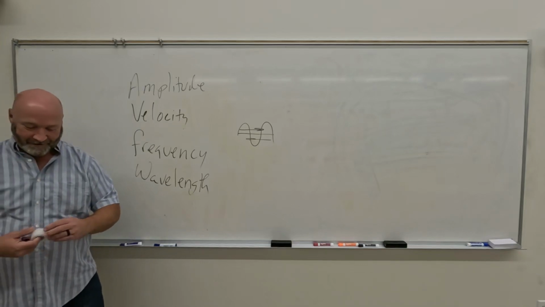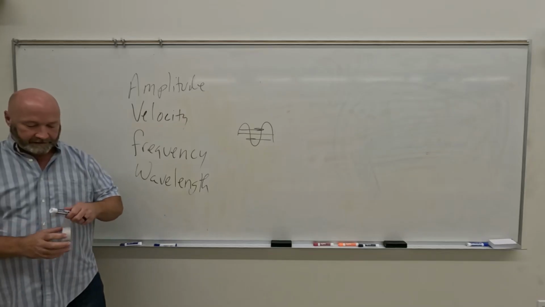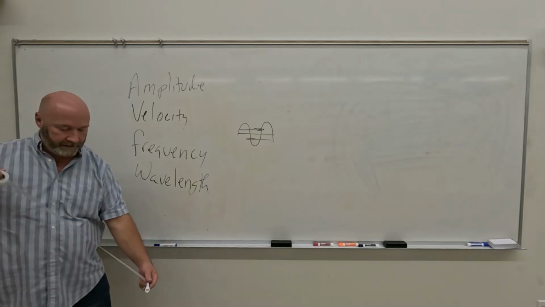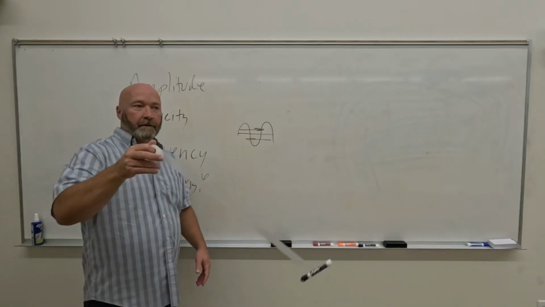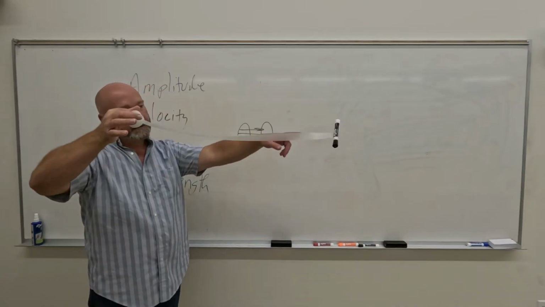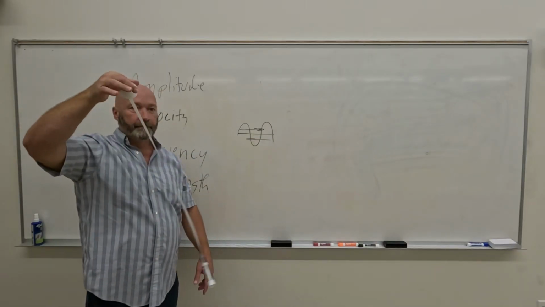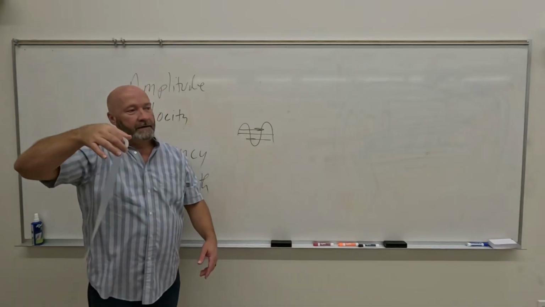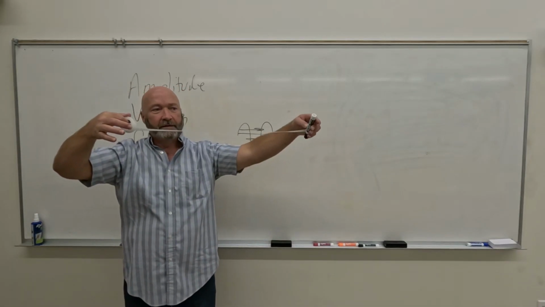So if I were to take something and swing it like this, back and forth, where is it probably traveling the fastest? At the end or right down at the bottom? At the bottom, right. So I bring it all the way up like this, and it's stationary for just a split second.